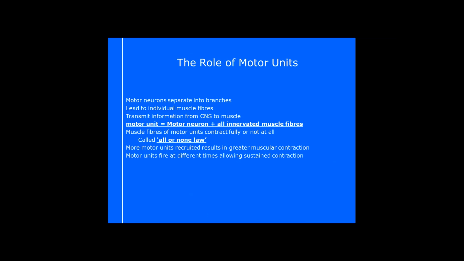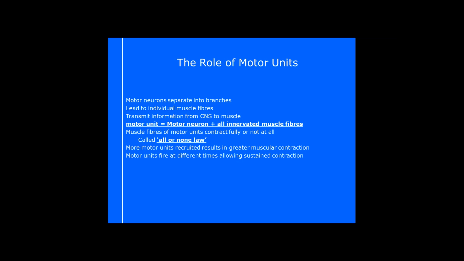It might have a few attached, all linked to one motor neuron. So for example, in my bicep, I might have 5 muscle fibers attached to one motor neuron, whereas in my quads, I might have 20 muscle fibers attached to one motor neuron. Now, either way, that is one motor unit.